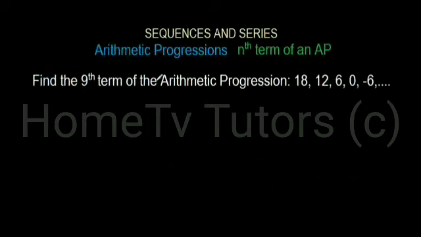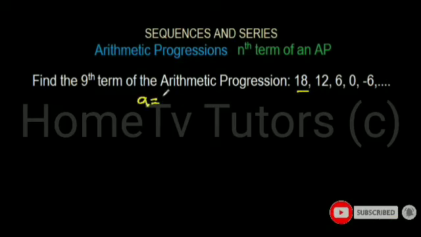Now let us solve this example of arithmetic progression. Find the ninth term of the arithmetic progression of this set of numbers. The first term, A, of this set of numbers is 18. The common difference decreases from 18 to 12, then from 12 to 6, then 6 to 0, 0 to minus 6, and so on.